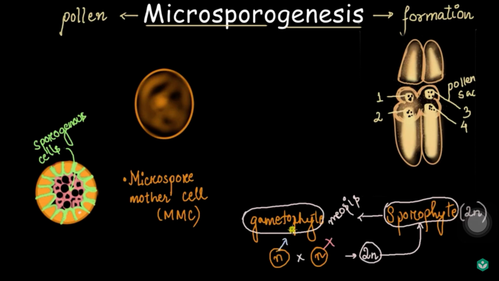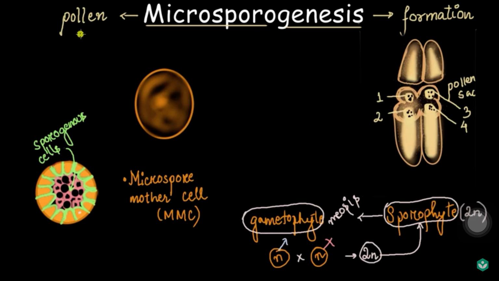So gametophytic stage is always haploid, while as these gametes fuse, they form a diploid zygote, and diploid zygote give rise to the rest of the plant body, and that plant body is called the sporophytic stage. So that sporophyte is diploid as well. The sporophyte later undergoes meiosis at one point in life and give rise to gametophyte, and this gametophyte give rise to gametes, and this is a cycle that goes on in any plant on earth.